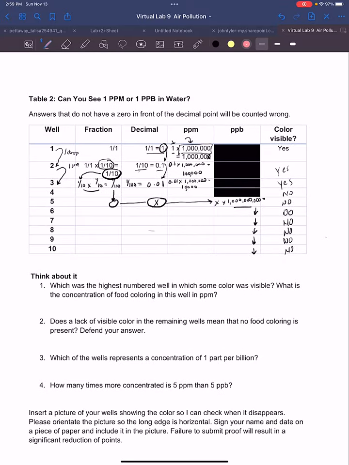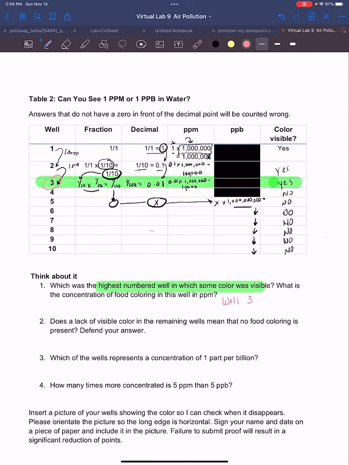Now it's going to ask you a couple questions as you do this. For example, what is the highest number well in which some color was visible? Well, if it's well 3, in this example, which I'll guarantee you is not the correct answer, you're just going to read across and find out that it was well 3, and that's what you'd write, well 3.